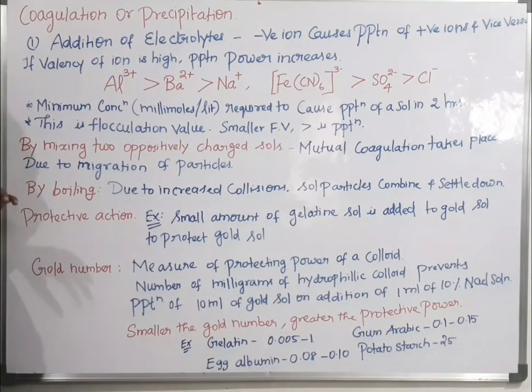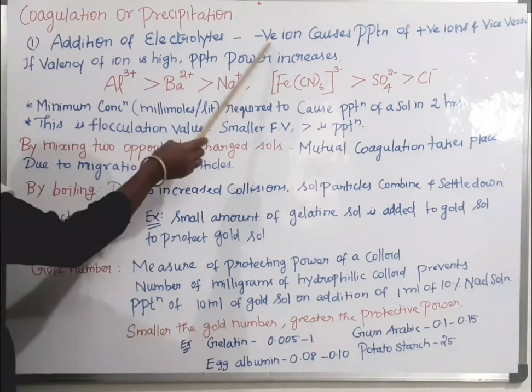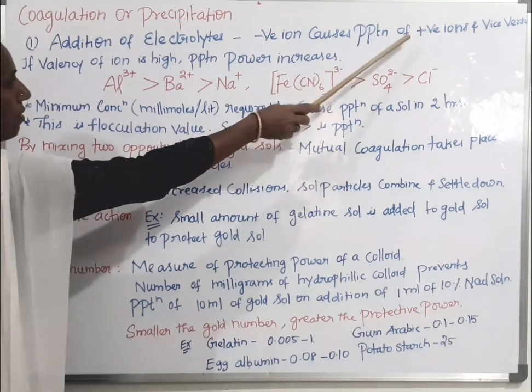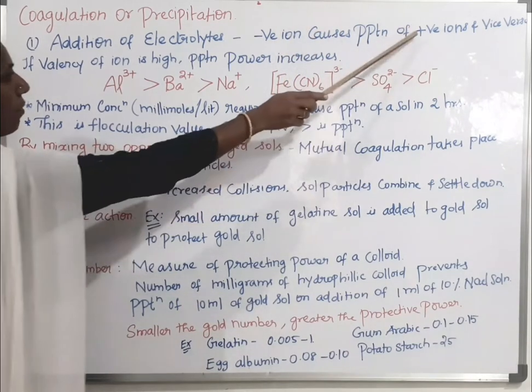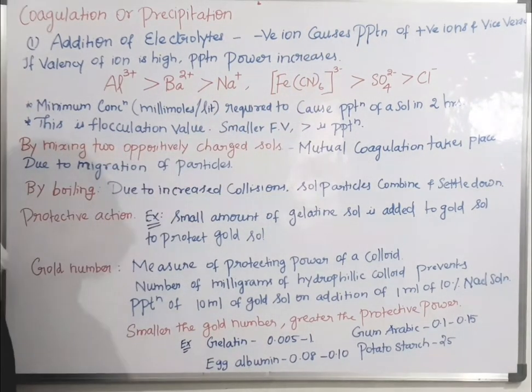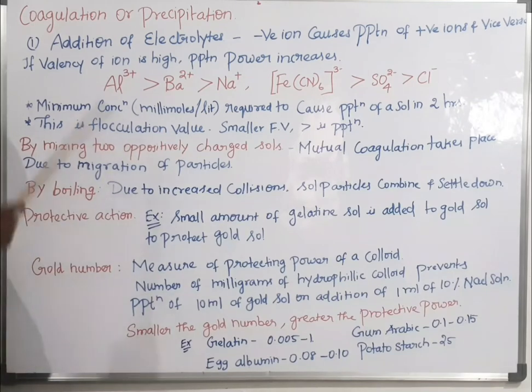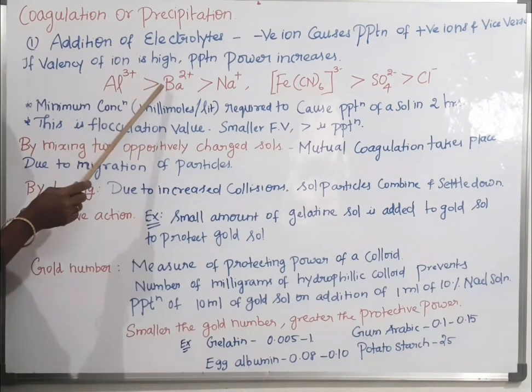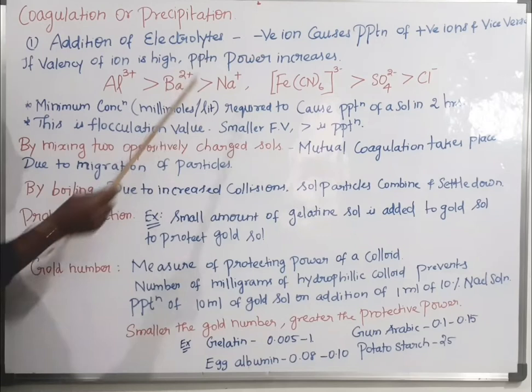So if we add electrolytes, that is sodium chloride or potassium chloride, coagulation or precipitation takes place. If the valency of the ion is high, then the precipitation power increases.